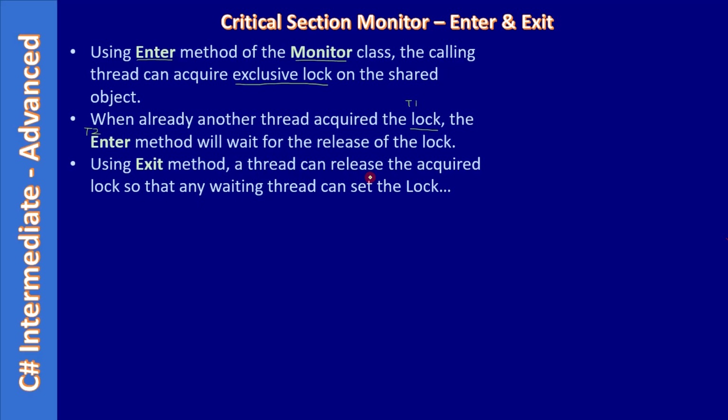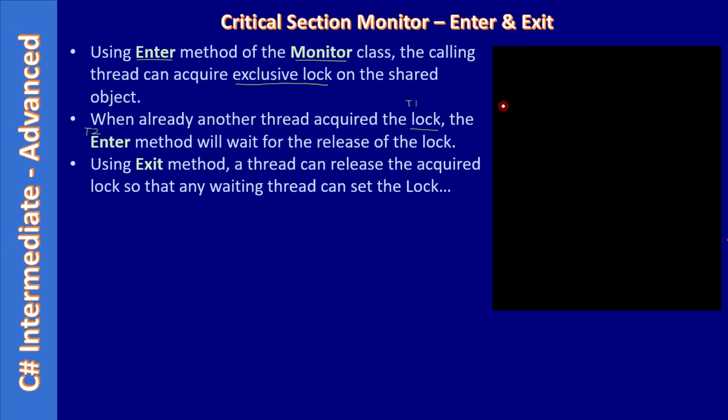Using the Exit method, a thread can release the acquired lock so that any waiting thread can get the lock. Let's say there is a thread T1 and this is a shared object. Thread T1 acquired the lock and is using the shared object, so it acquired the lock using the Enter method.